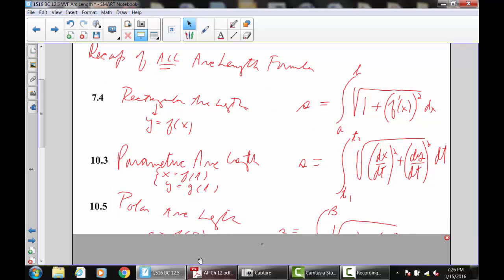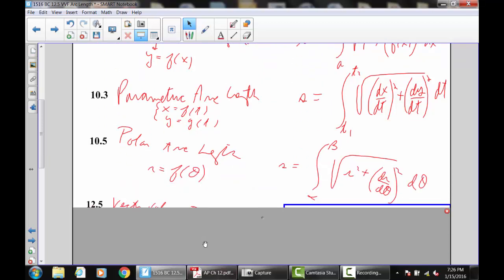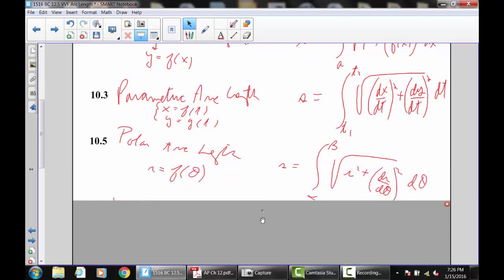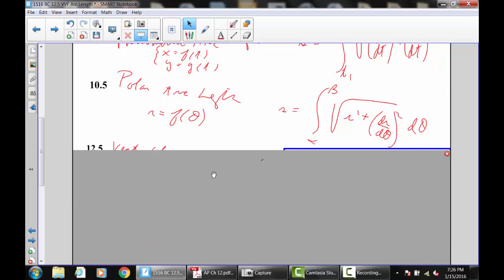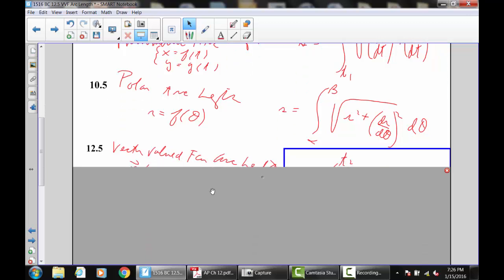In 10.5 we did polar arc length, where r is a function of theta, and that's the integral from theta equals alpha to theta equals beta of the square root of r squared plus dr d theta all squared d theta. Now, in this section, 12.5, we're going to go to vector valued function arc length.